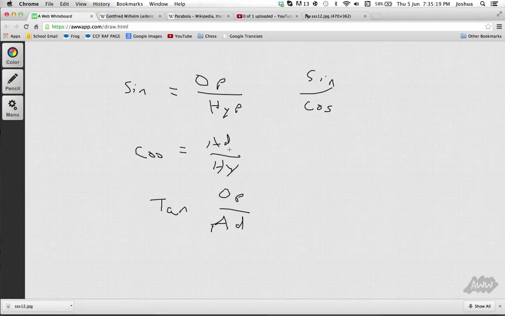Then that would just flip because of dividing fractions, so the hypotenuses would cancel out, and you'd get sine theta divided by cos theta is equal to opposite over adjacent. And do you know what else is opposite over adjacent? Tan theta. And that proves one of the identities. Sine theta divided by cos theta is equal to tan theta.